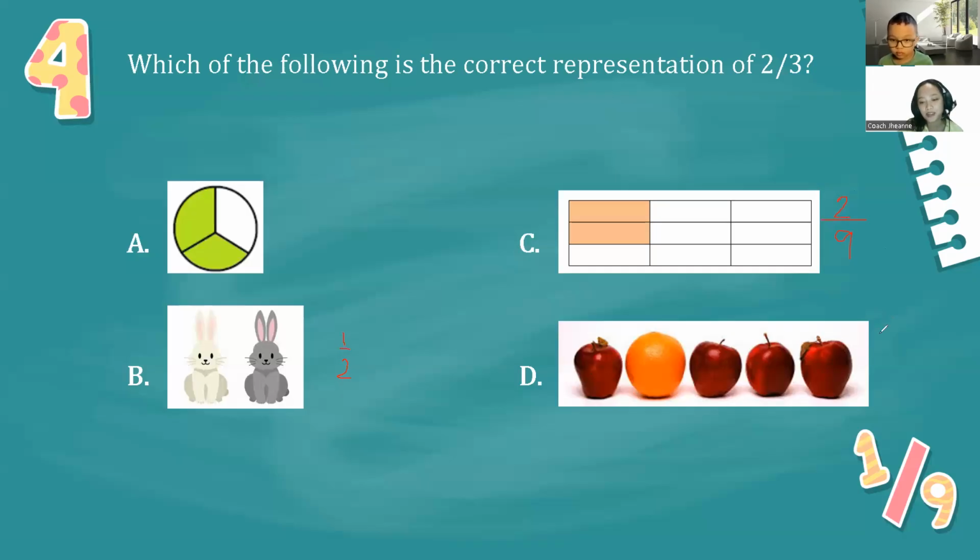In D, there are 5 fruits, and only 1 is orange, so that is 1/5. So the correct answer is A, and that is 2/3. Okay. Continue. Let's continue.